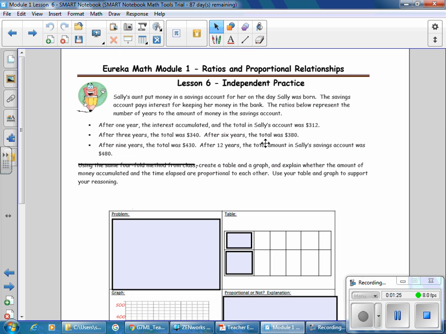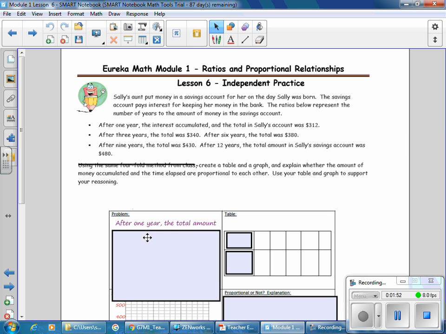After 6 years, the total was $380. After 9 years, the total was $430. After 12 years, the total amount in Sally's savings account was $480. Create a table and a graph and explain whether the amount of money accumulated and the time elapsed are proportional to each other. Use your table and graph to support your reasoning.